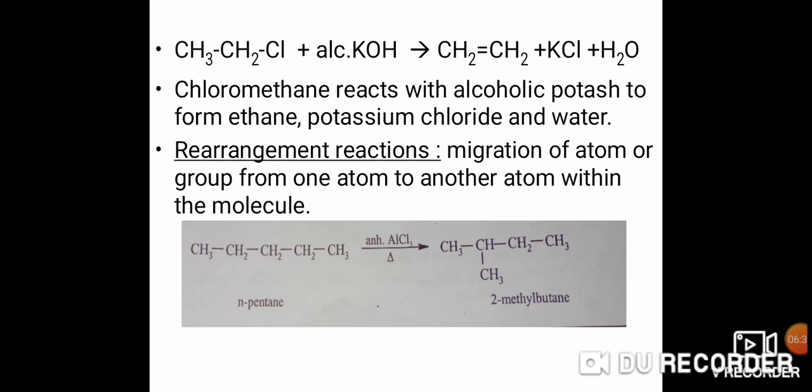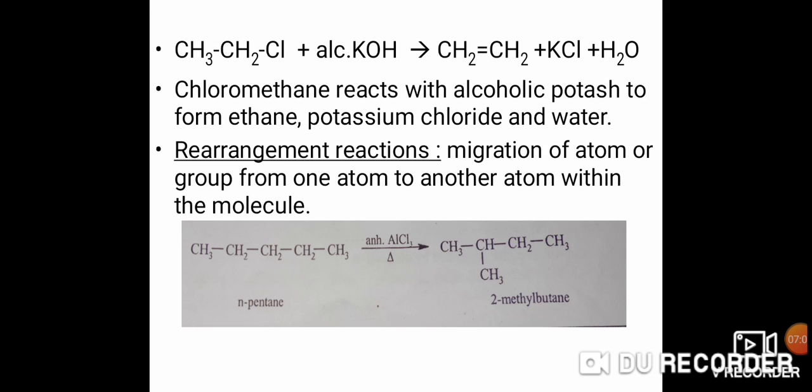Such types of reactions are called elimination reactions.